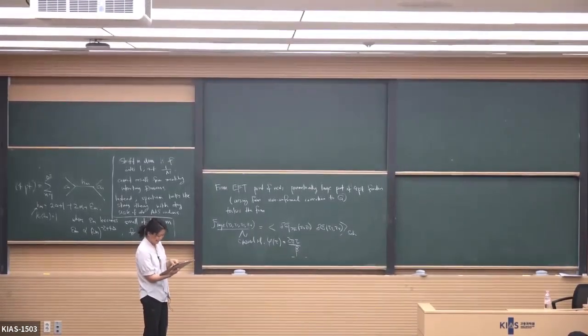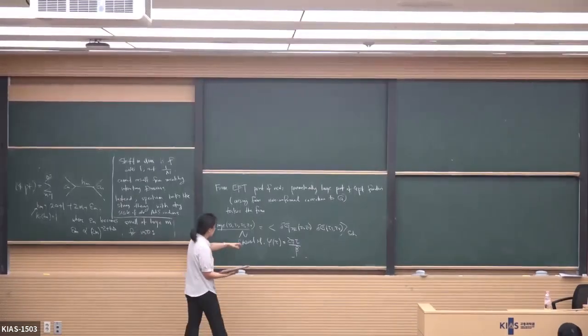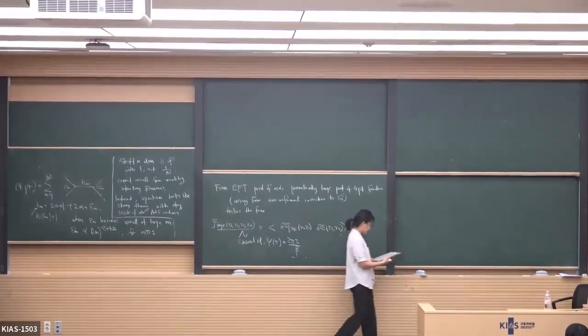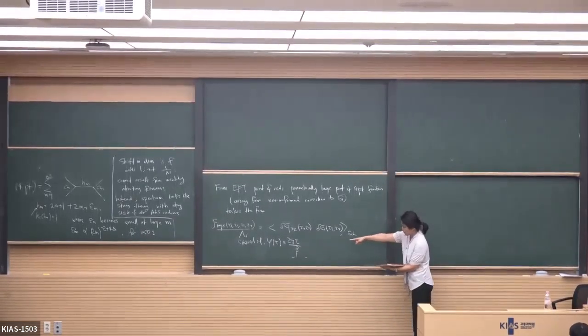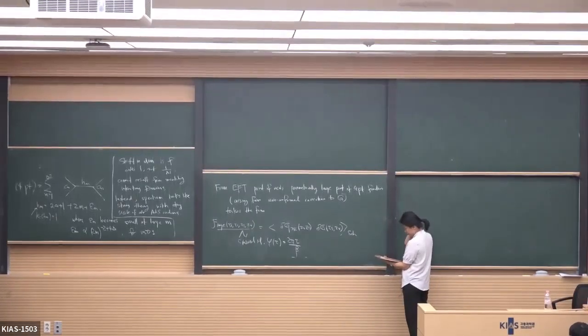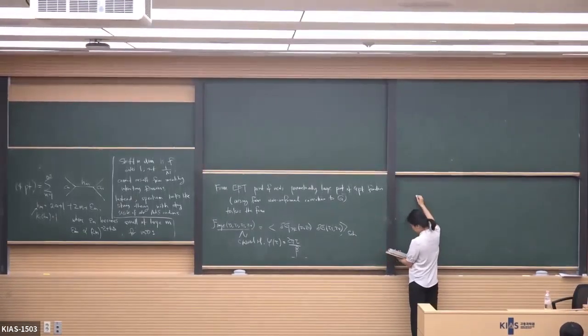Okay. So this expectation value involves a functional integral over phi, the soft mode we described previously.